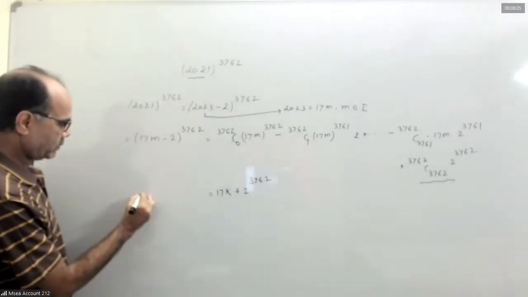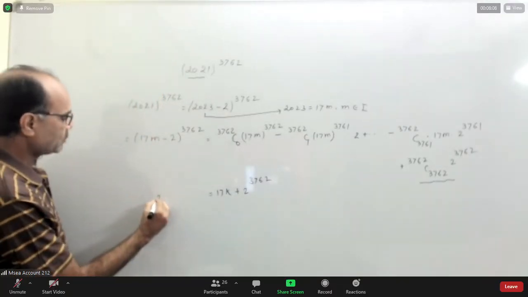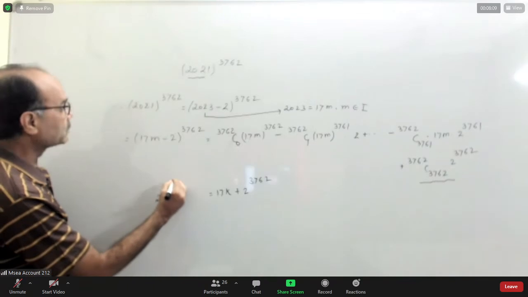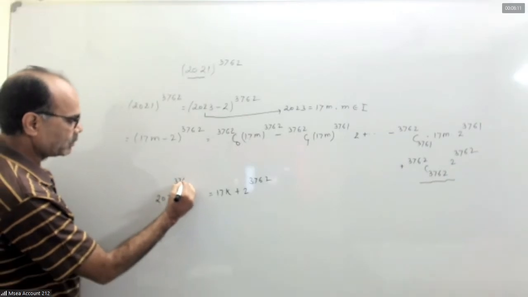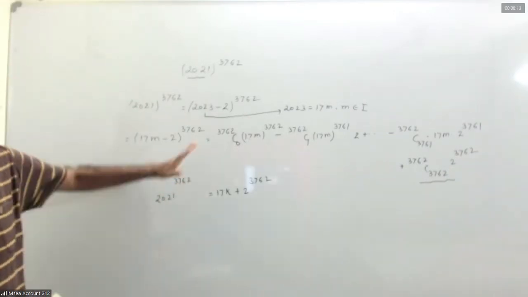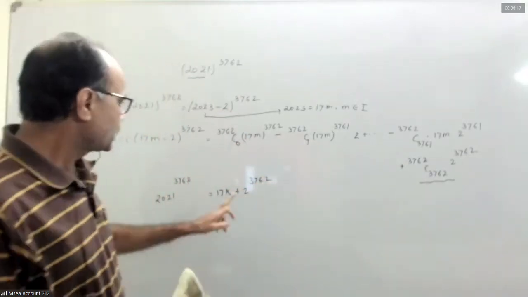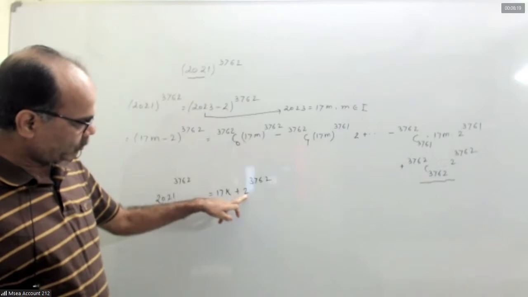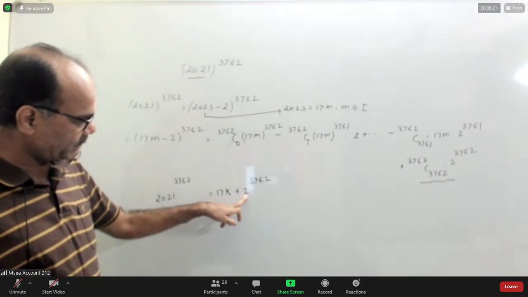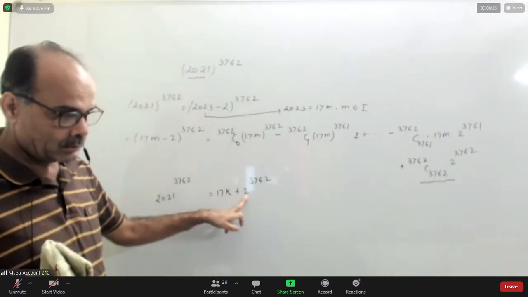So therefore, 2021 to the power 3762. The method is same, whatever we have discussed yesterday. Now, here it is 2. So we have to write it as a multiple of 17.